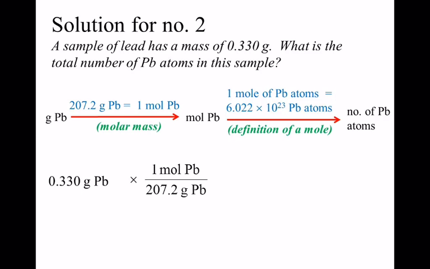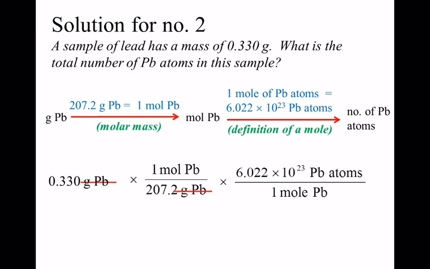Grams will cancel, I'm left with moles. Then if I want to get from moles to counted number of atoms, if I want moles to cancel, I can make a third term be my 6.022 times 10 to the 23rd atoms over 1 mole. So moles will cancel, I'll be left with atoms, and that's it.